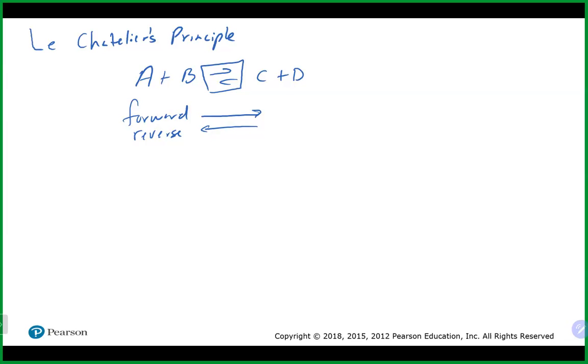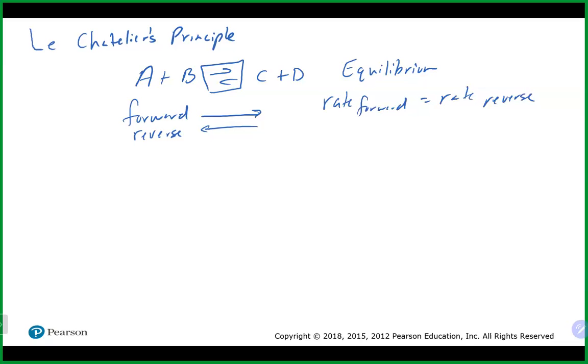What happens in this situation is it eventually will reach what is referred to as equilibrium. Sometimes people think equilibrium means that you have the same amount of reactants and products on both sides of the arrow, and that's really not what it means. What it's referring to is that the rate of the forward direction will equal the rate of the reverse direction.